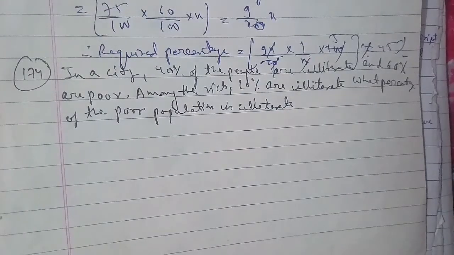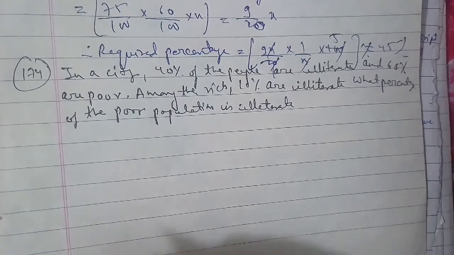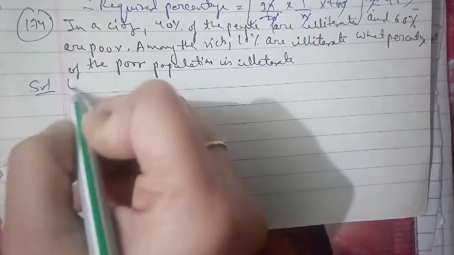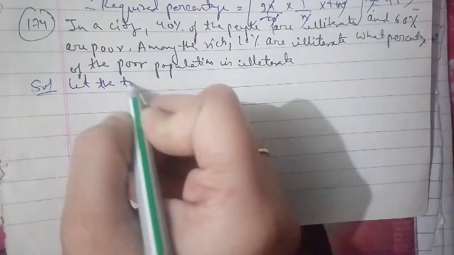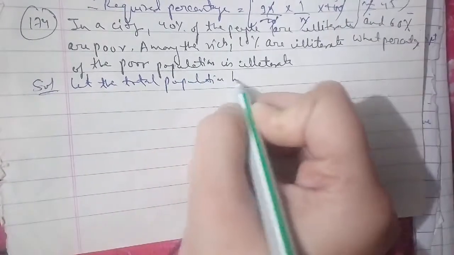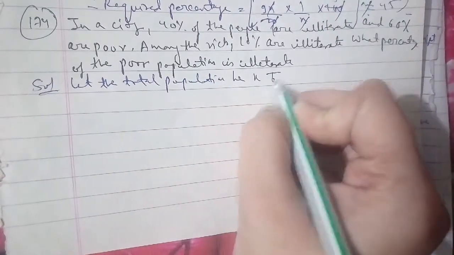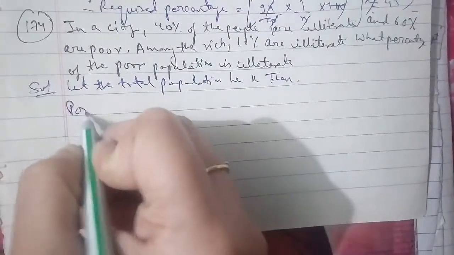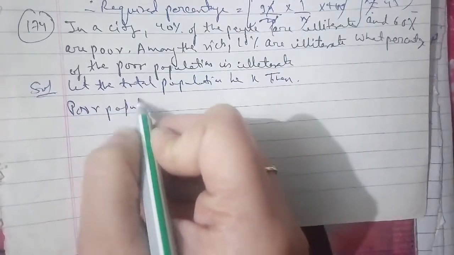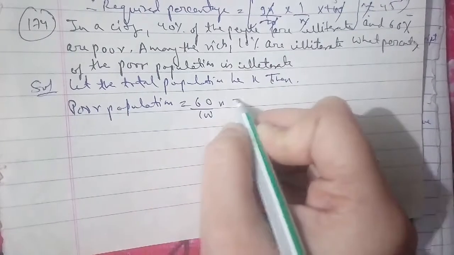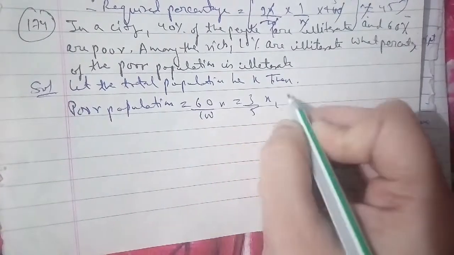So let's go ahead for the same. Let the total population be X, then poor population equals 60 upon 100 x, which equals 3 upon 5x.